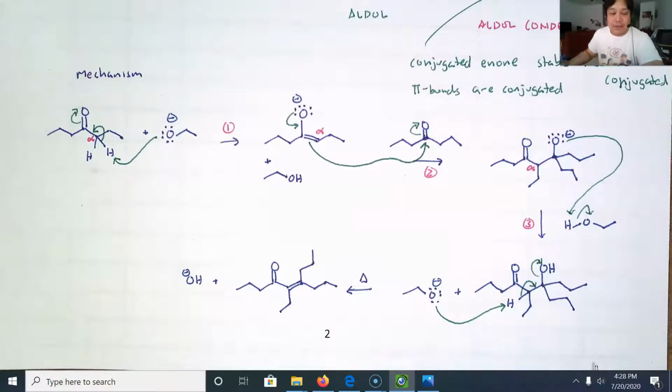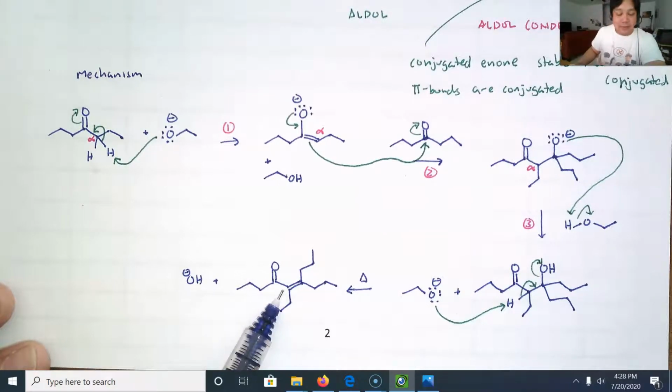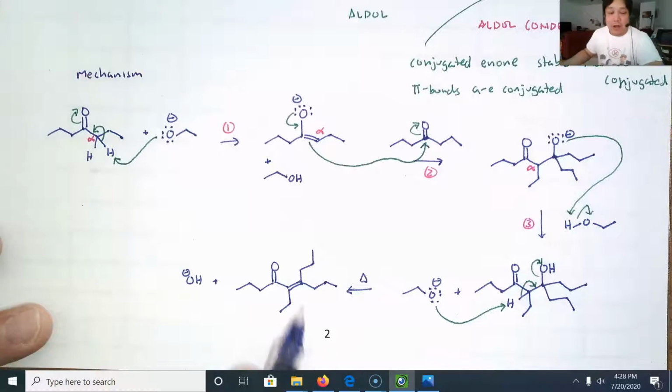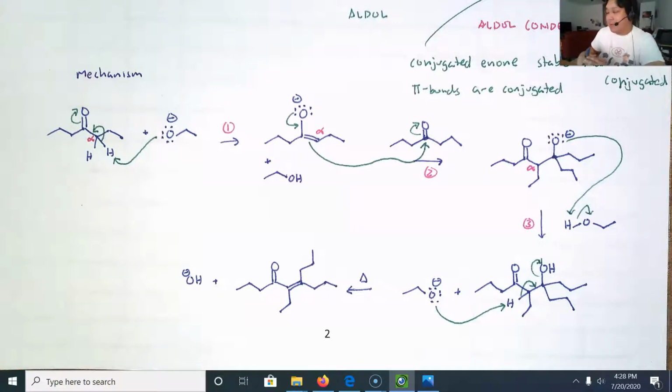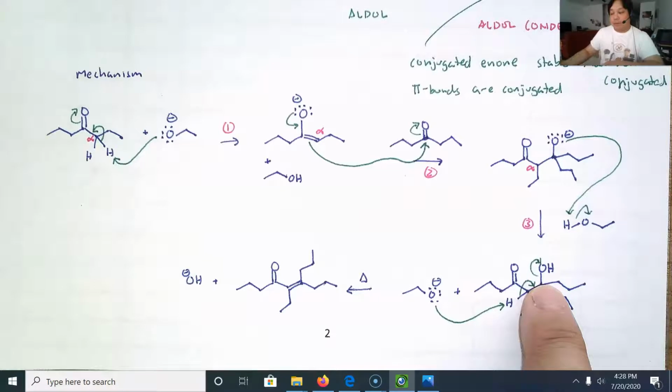But the most important thing is that the reaction has a motivation to get to the dehydrated product because conjugated enones, or conjugated systems, or pi systems, however you want to say it, are inherently more stable than non-conjugated. So there is a thermodynamic reason why this is okay, even though in previous units we said OH is a bad leaving group.